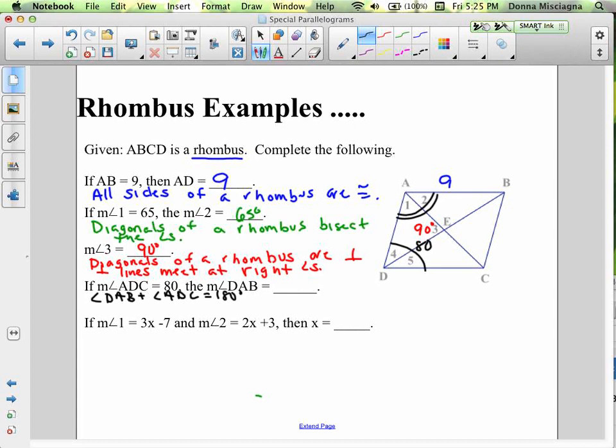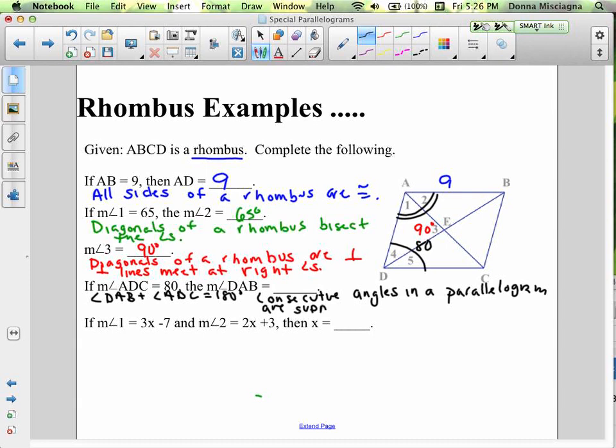And how do we know? Consecutive angles in a parallelogram are supplementary.